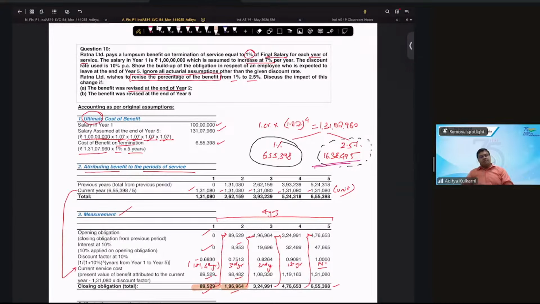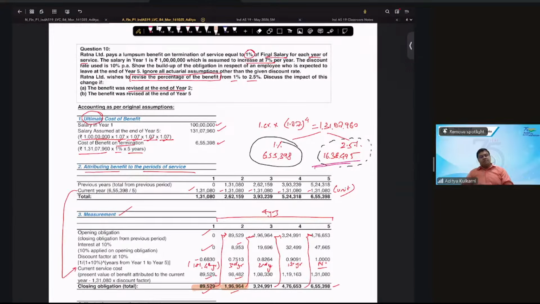But what do we call this? We call it a past service cost. Why past service cost? Because when I change the plan from 1% compensation to 2.5% compensation, it would obviously be that the company is quite happy with the way the employees are working.